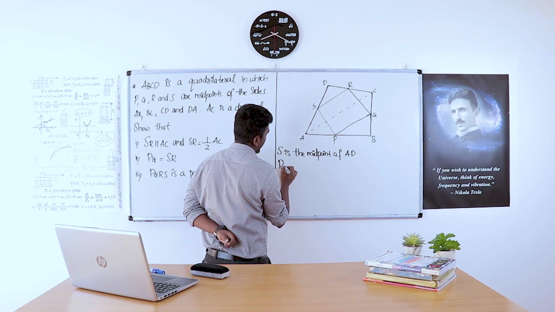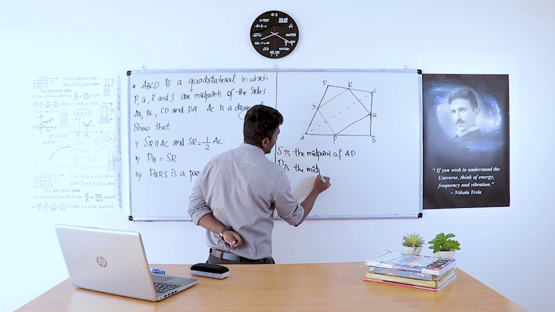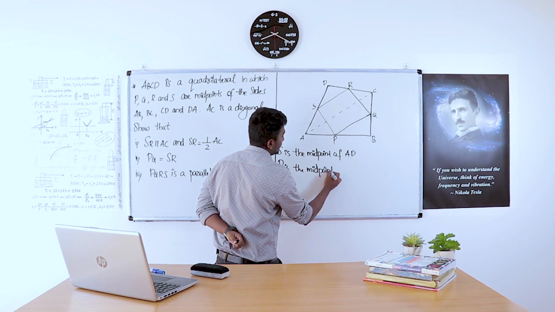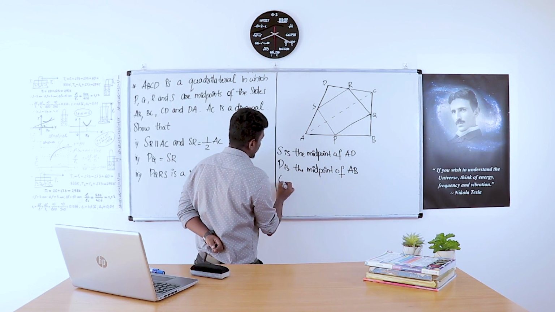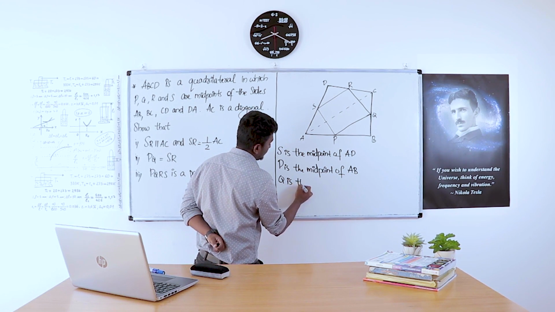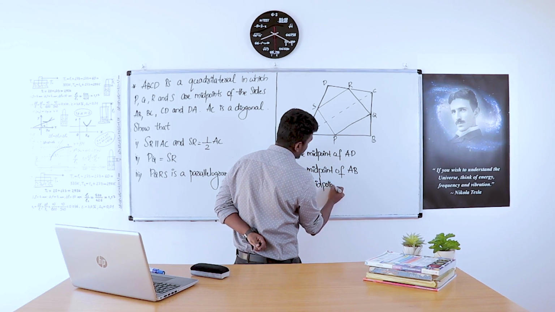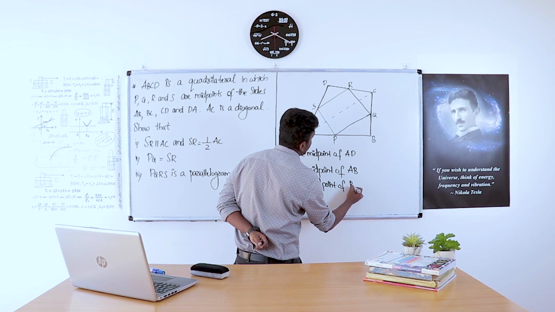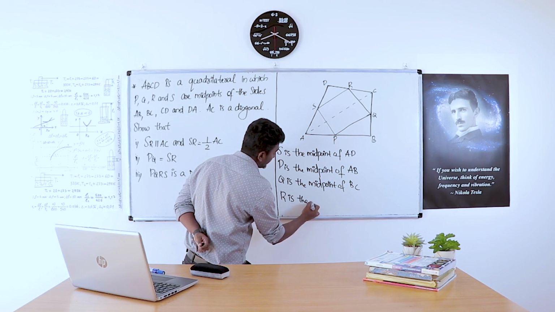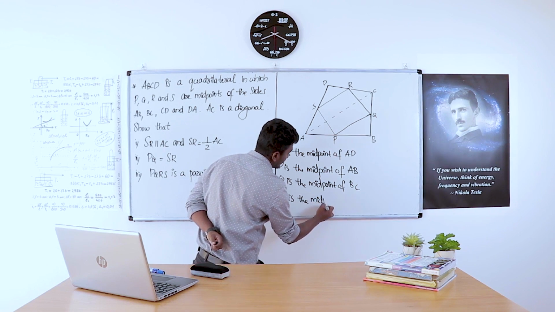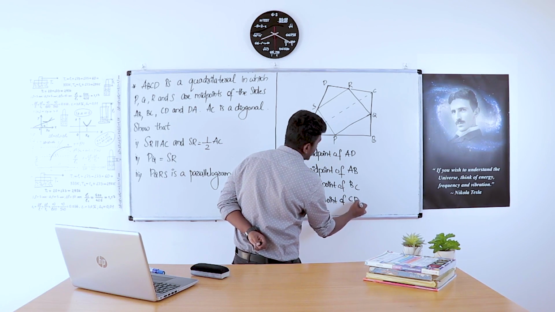Then P is the midpoint of AB, Q is the midpoint of BC, and R is the midpoint of CD.